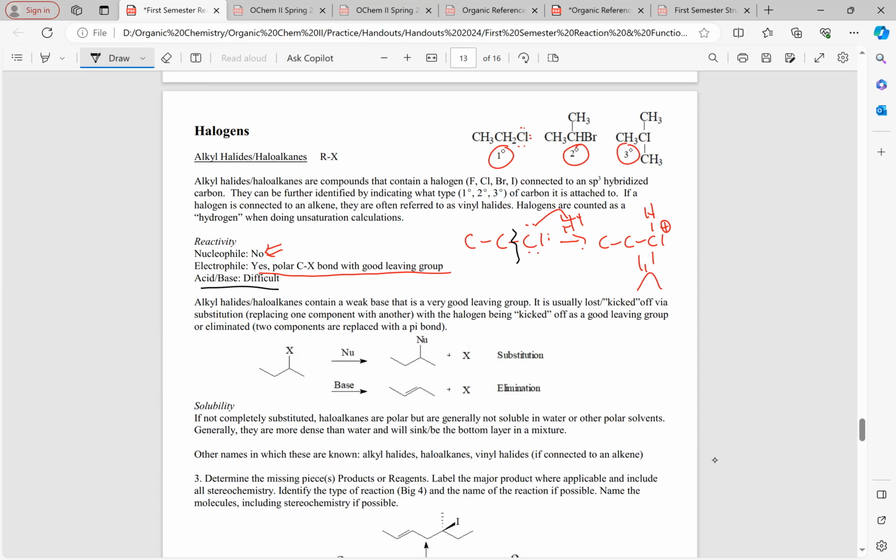So what are our reactions that use leaving groups? Substitution, and if that nucleophile is very strong, we would call it elimination. So you can have SN2 or SN1. Now that depends on the structure of your substrate, of your alkyl halide.